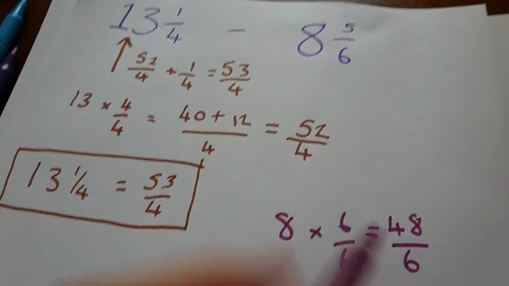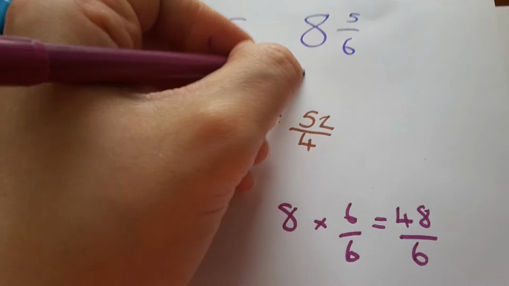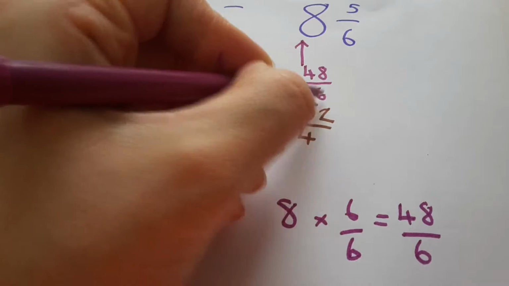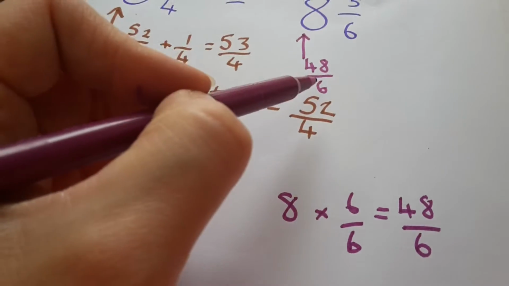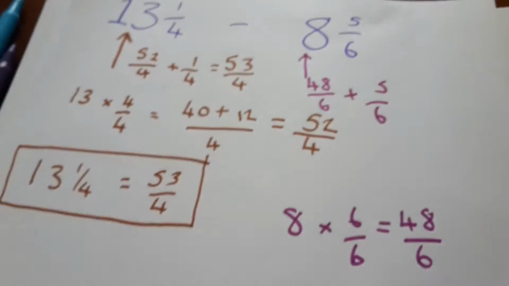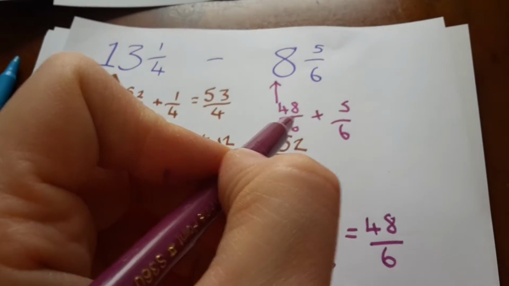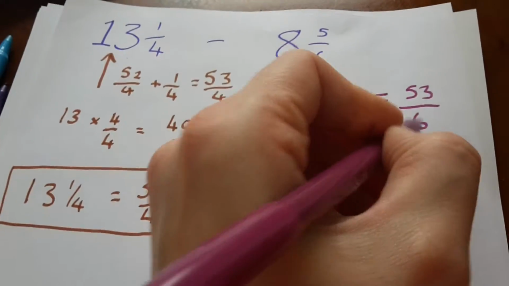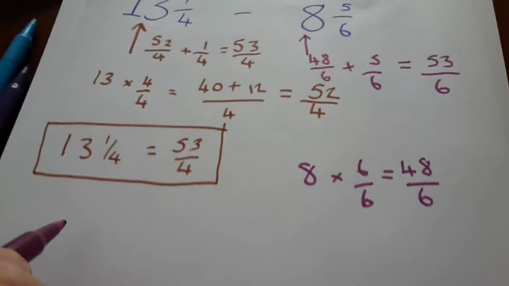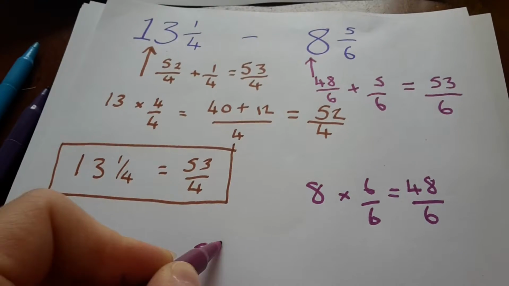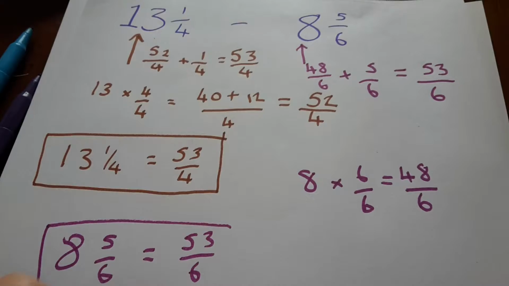So I have 48 sixths. So that's 8 is the same as my 48 sixths. They're exactly the same number, just one written as an integer, one written as a fraction. And then I have to include my 5/6 as well, which gives me 53 in total. So I know now that 8 and 5/6 is the same as 53 over 6.